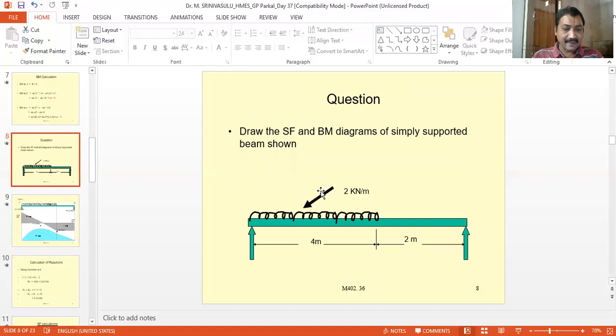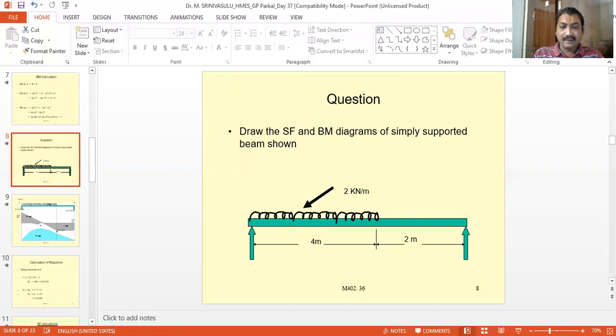Now what is the clockwise moment? The clockwise moment is here 2 into 4, that is 8 kN, the load, and it is acting at a distance of 2 meters from this support. So 2 into 4 into 4 by 2.